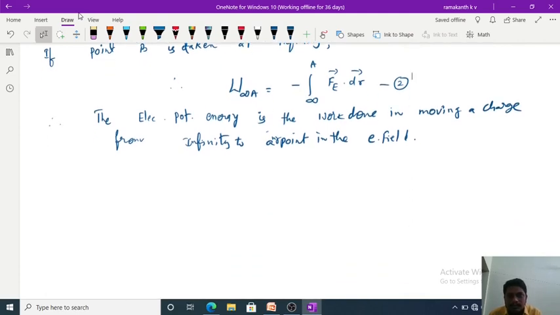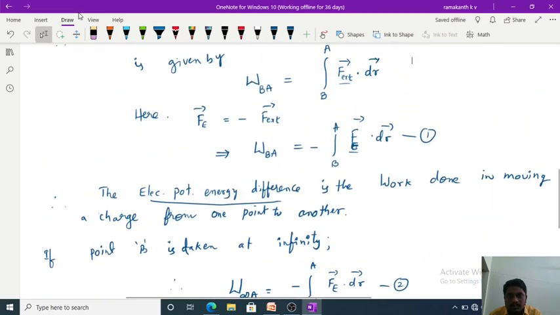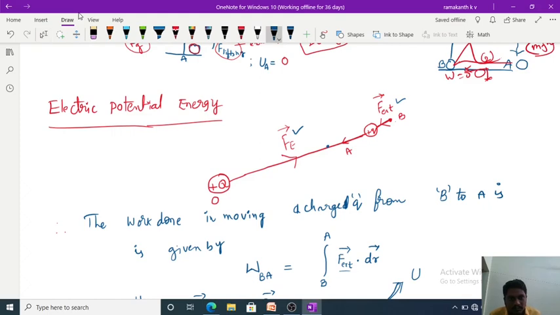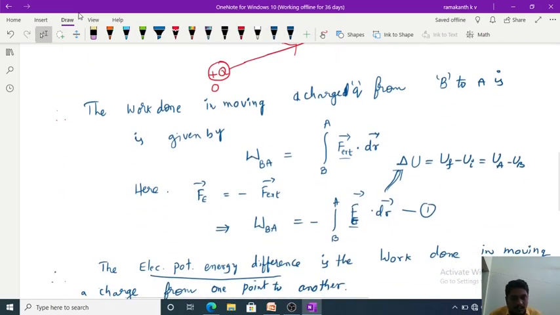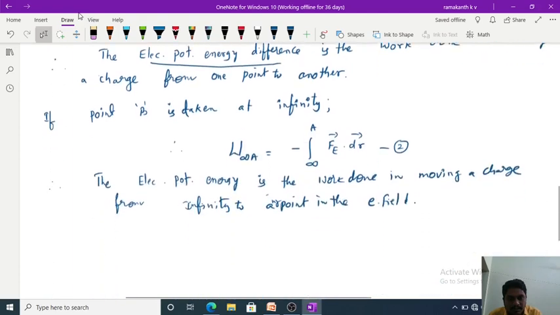We know that whatever work is done increases the potential energy. Therefore the change in potential energy, delta U, is final minus initial. The final is A and the initial is B, so the change in potential energy is U_A minus U_B.